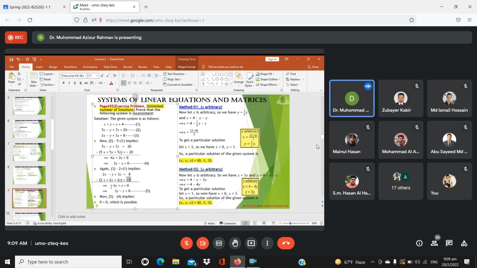Multiplying both sides by minus 1, you get 3y minus z equals 0. So this is your equation number 5. From 3 equations with 3 variables, now we are getting 2 equations with 2 variables.